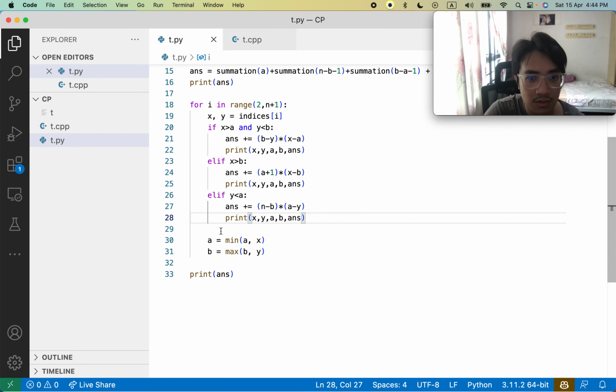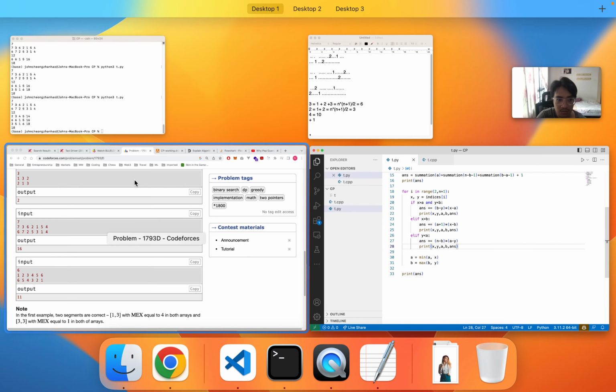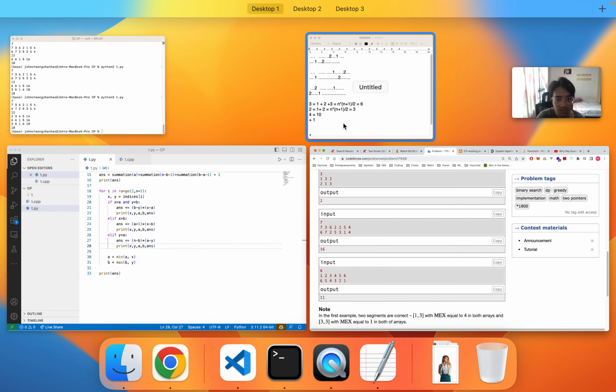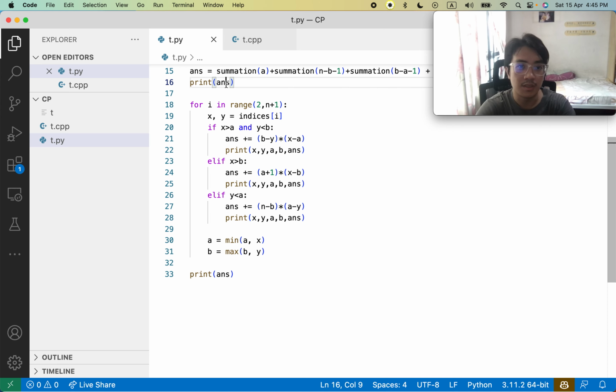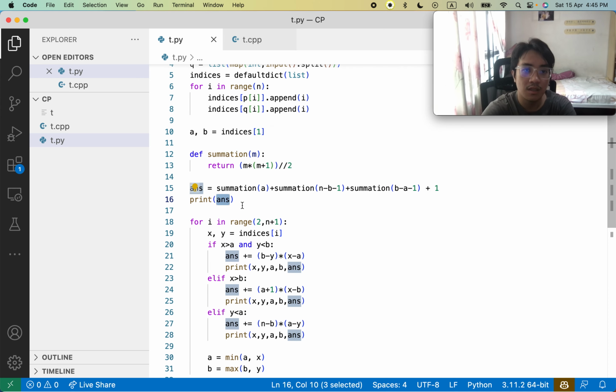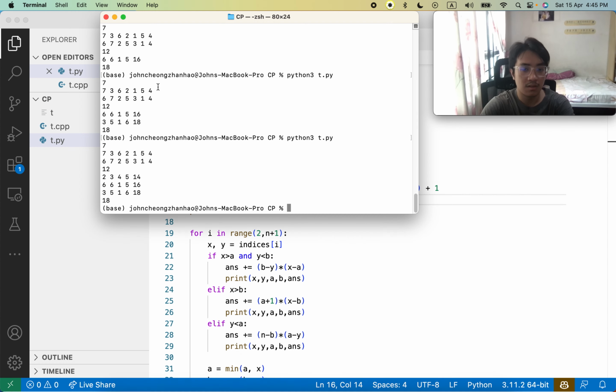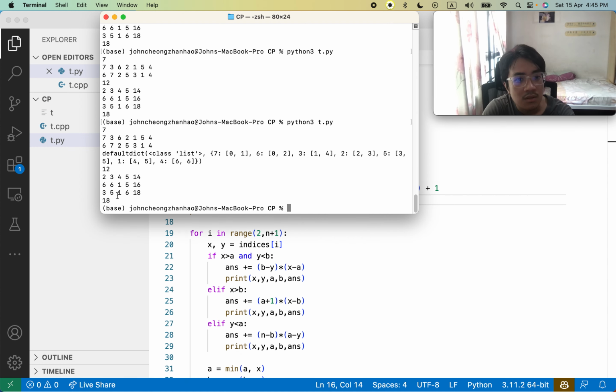Huh? Wait a sec. Let's print the indices. 3, 5. That's very strange.